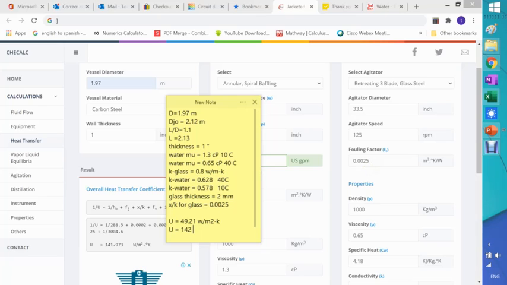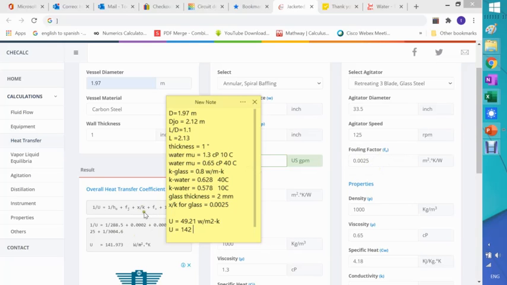In pretty much all vessels that I have studied before, the glass lining is about 2 millimeters, could be a little less, but around 2 millimeters thick. That thickness divided by the thermal conductivity of the glass gives you roughly this kind of fouling factor, which I'm using because this web page doesn't have a way to add the x over k for the glass.